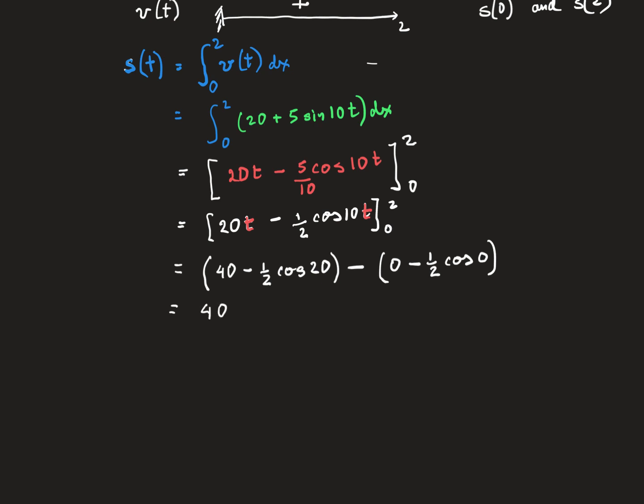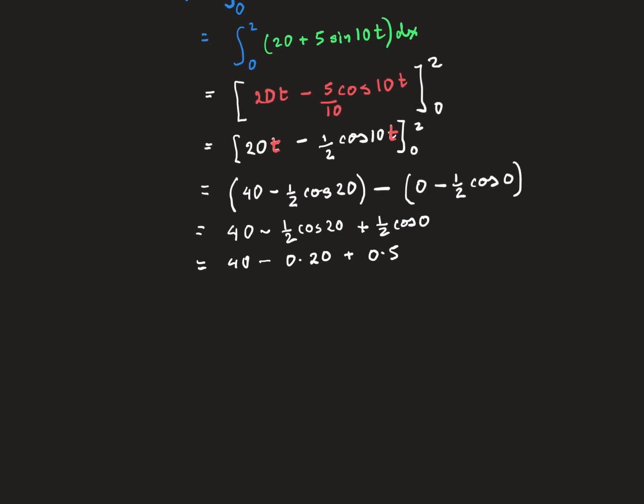Simplify it all together: minus 1/2 cos 20. Take away 0, that's nothing. Take away, that's plus 1/2 cos 0. And that continues to be worked out as 40 minus 0.2 plus 0.5, which is 40.3. And the units of it would be kilometers.